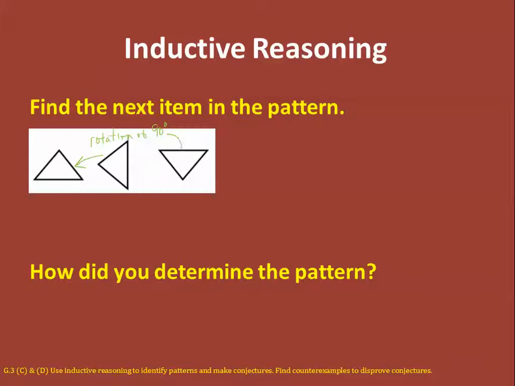Then it looks like this triangle is also a rotation of 90 degrees based on the position of this triangle. So if I was to take this last triangle and rotate it 90 degrees again, I bet it would look something like that. So you would put down here for how you determined that, rotation of 90 degrees for each triangle.